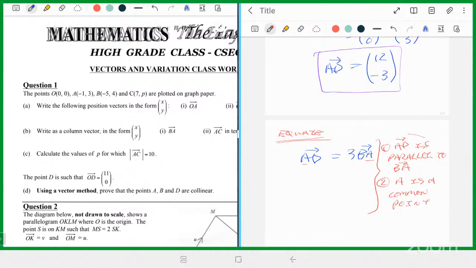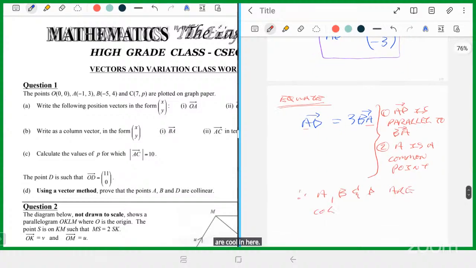And then because you have those two conditions, you can say therefore the 3 points involved, A, B, and D, are collinear. And that's a proof.